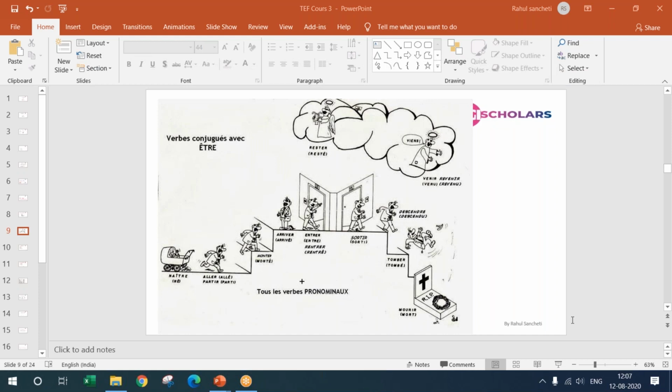On the left hand side, do you see naître, N-A-I-T-R-E, right? Do you see it on the left hand side? Naître. Yes. So the verb is to be born. So you're born, you go, aller is to go or you leave.